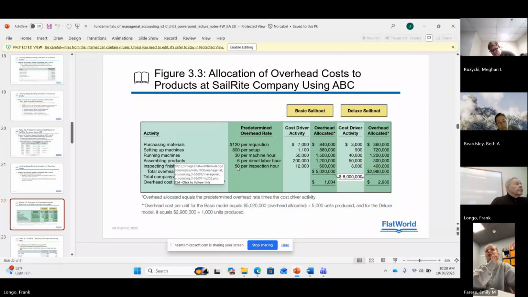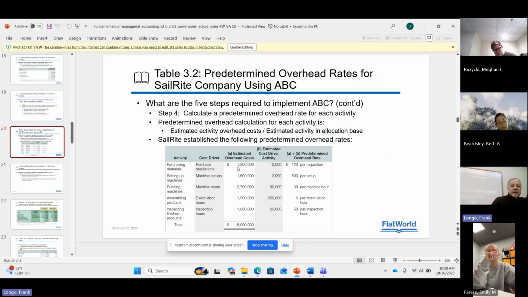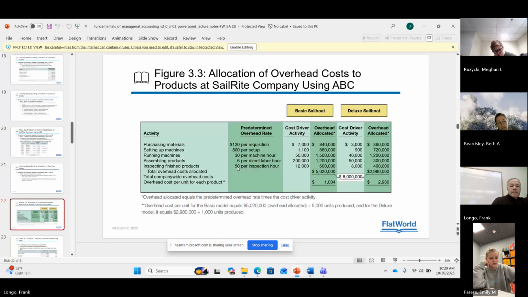Then we take the cost driver activity. And we list that. So we've estimated that it's 7,000 for the requisitions.